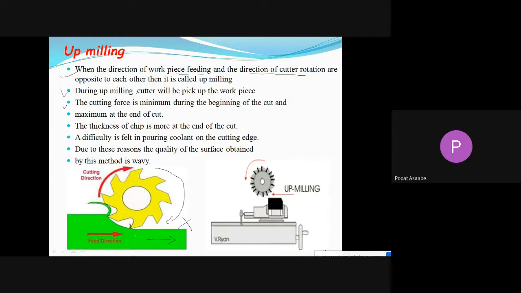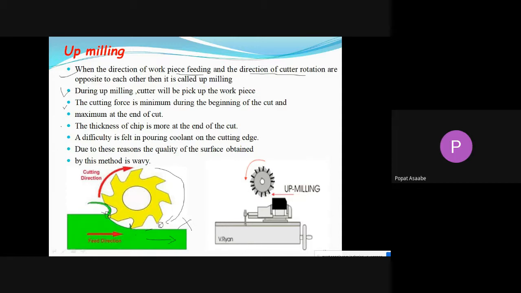Here the workpiece is there and this is the cutter, and when your cutter starts rotating, at the initial position the cutting force is minimum. In this manner your cutter is rotating. Initially the cutting force is minimum, and at the end, see, this is the cutting edge and this is the end, the cutting force will be maximum. You have to remember in up milling the cutting force is minimum initially and maximum at the end.